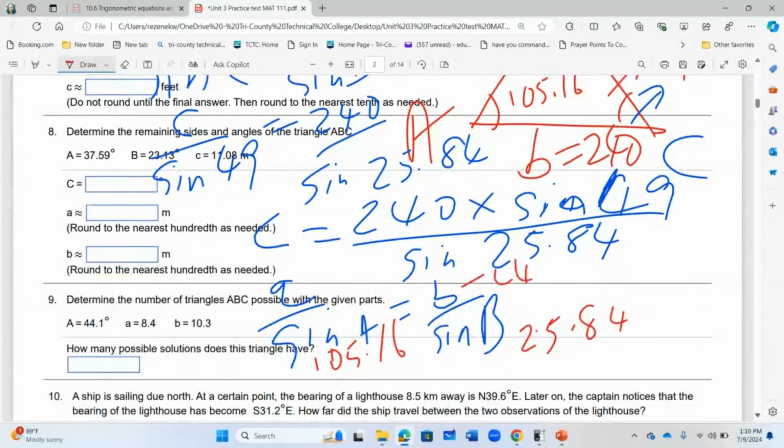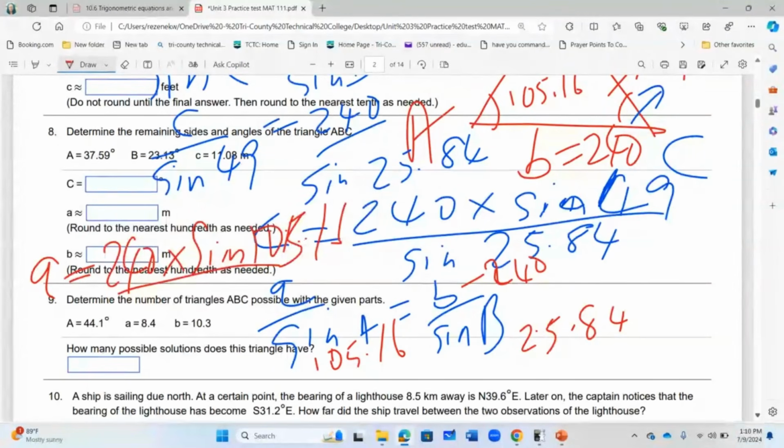So now we can solve for A. Therefore, A is equal to, cross multiply here, 240 multiplied by sine 105.16 divided by sine 25.84. And get a calculator as usual.